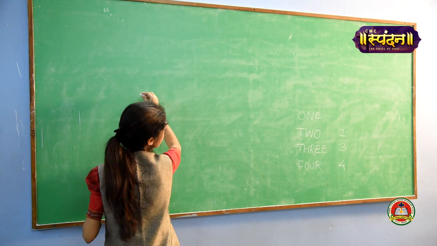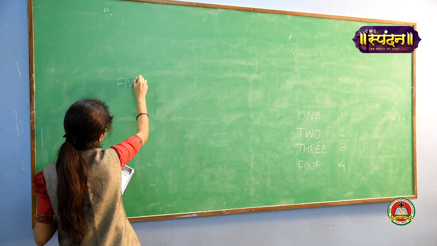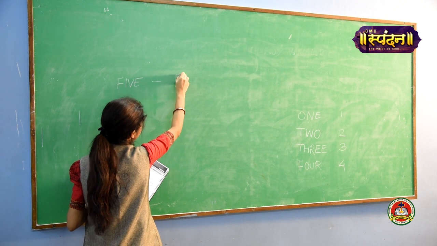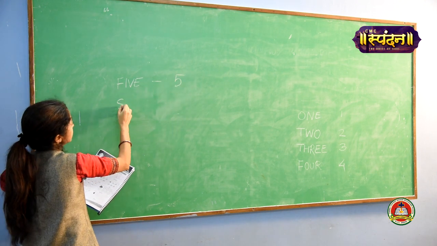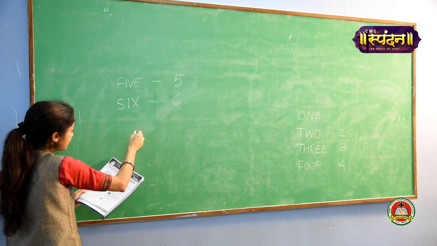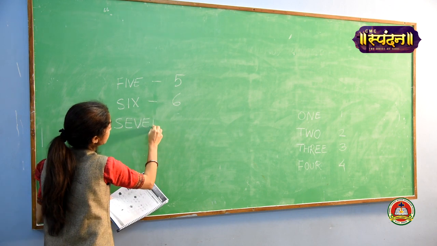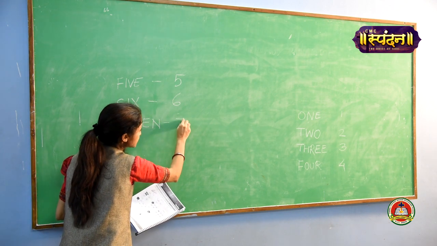Next, if it is FIVE, we will write the number 5. If it is SIX, we are going to write 6. If it is SEVEN, we are going to write the number 7.